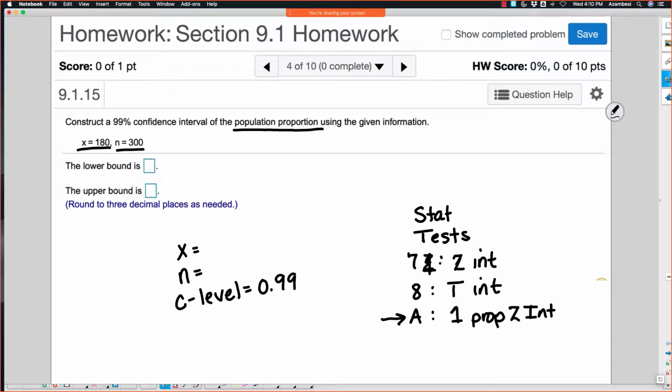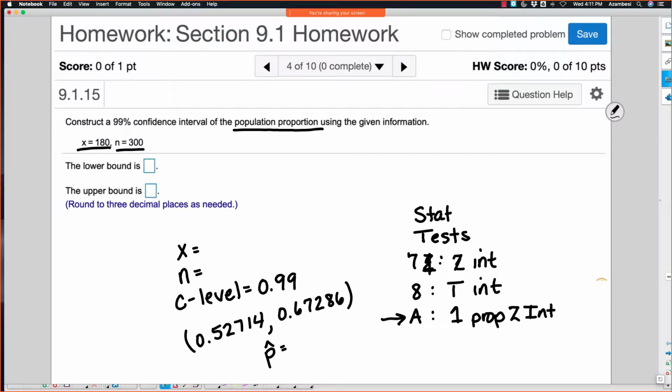And your calculator will do the construction of the upper and lower bound for you, just using that button. So what it gives you for your display is the lower bound, 0.52714, an upper bound of 0.67286, and then it also gives you a value of p hat.